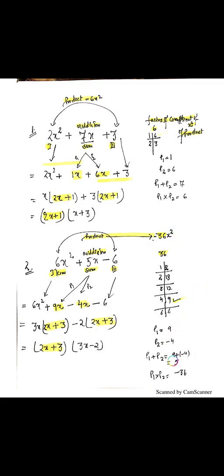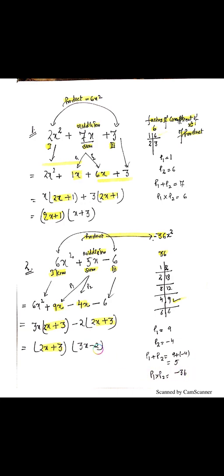So one of the terms must be negative, and the smaller number should be negative because the sum is equal to plus 5. So let's check it. P1 plus P2 is equal to 5 and P1 into P2 is equal to minus 36.